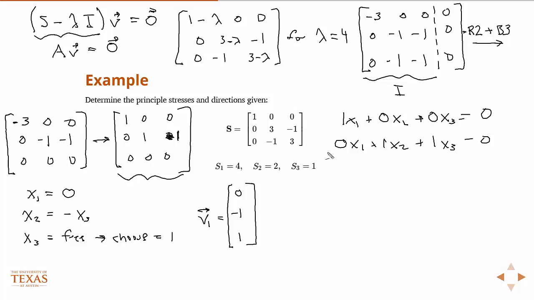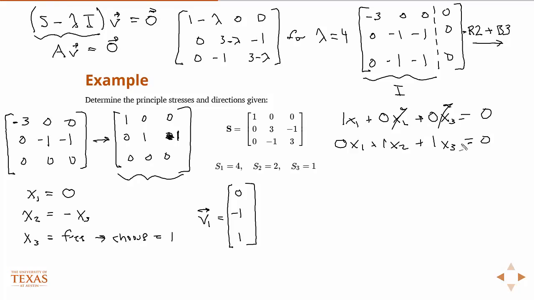And the last row is all zeros. Now you just read off the answer. This doesn't exist, this doesn't exist, so it's just x1 equal to 0. And then x2 plus x3 equals 0, which is the same as x2 equals minus x3. And x3 can be anything.